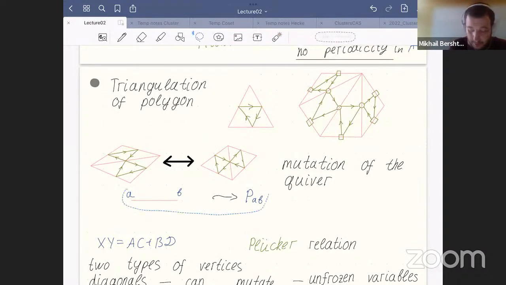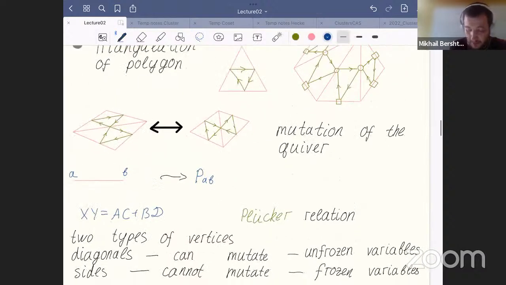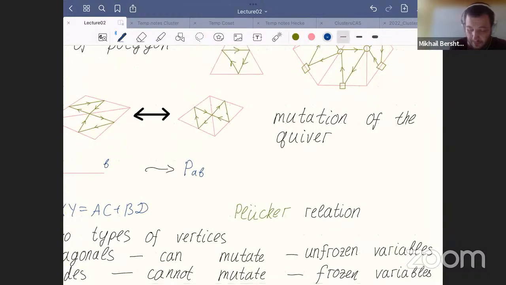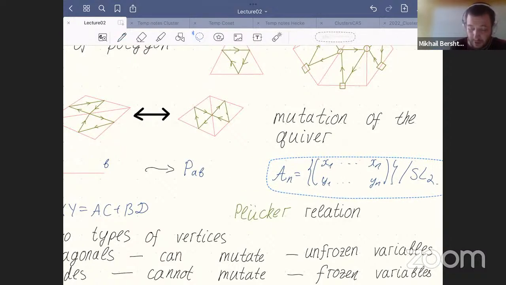Okay, so this was the combinatorial part, and for the algebraic part, to each edge ab we assign p_ab. Let me recall that last time we had some space A_n, which is the space of 2 by n matrices modulo SL2, and p_ab is just the 2 by 2 minor of this matrix.